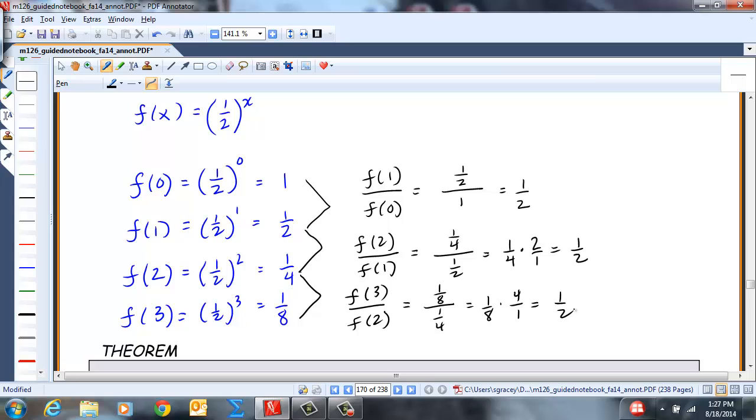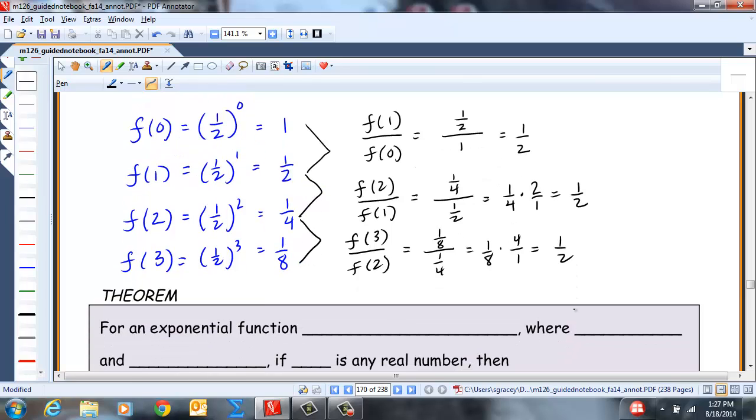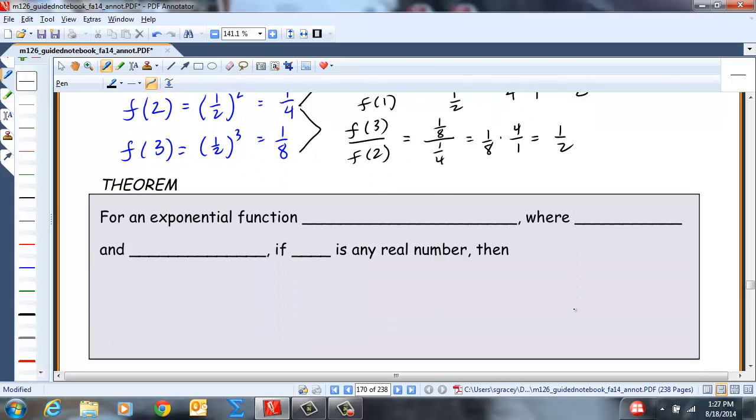So when you divide successive terms of an exponential function, you get the same ratio. This leads us to this theorem here.